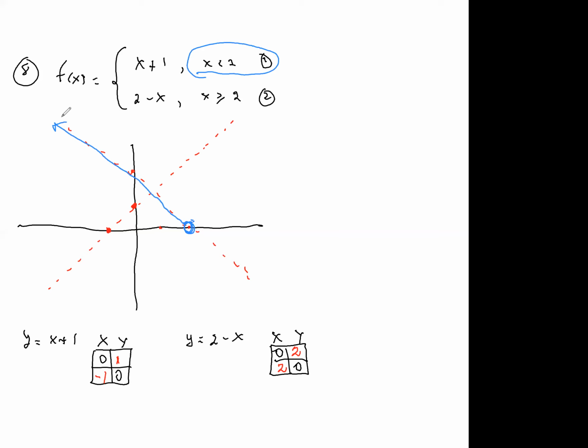And the condition for the second one says all numbers greater than 2. I look for this number 2 right here, included, in this direction.